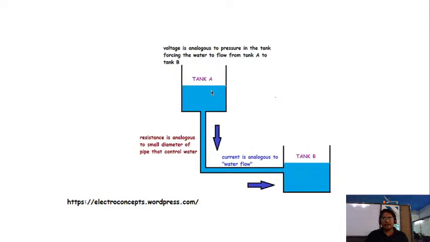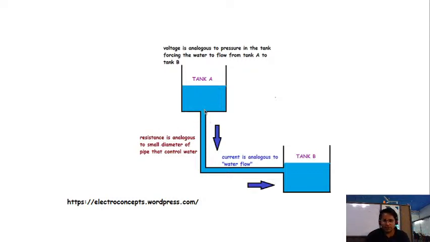Because tank A is applying a pressure. Whatever water is contained in tank A, due to the downward pressure, the water is moving from tank A to tank B. This pressure is called voltage. So voltage is a kind of pressure which makes the current flow from one end to another end.